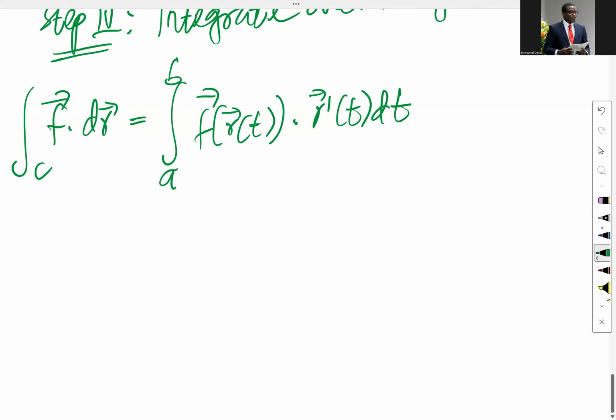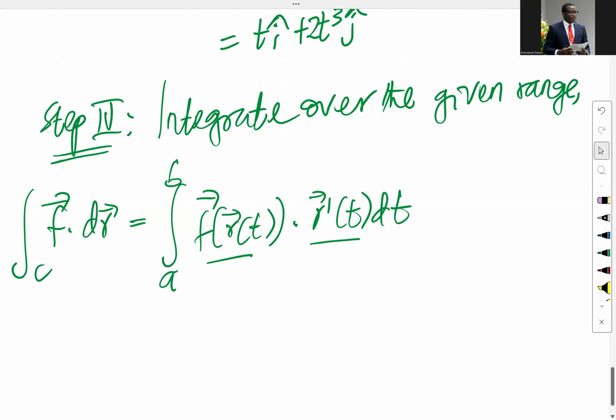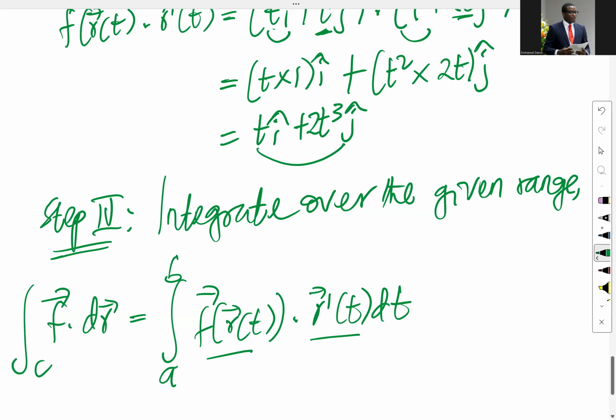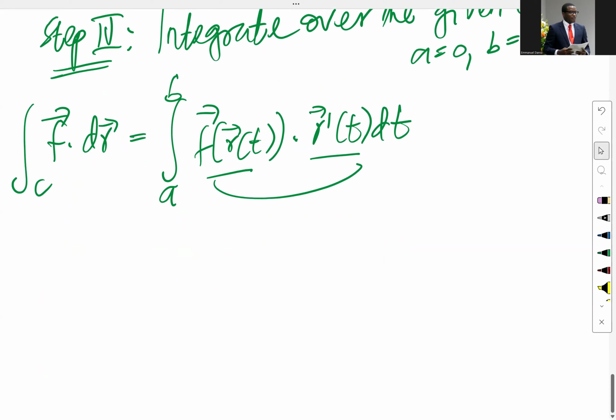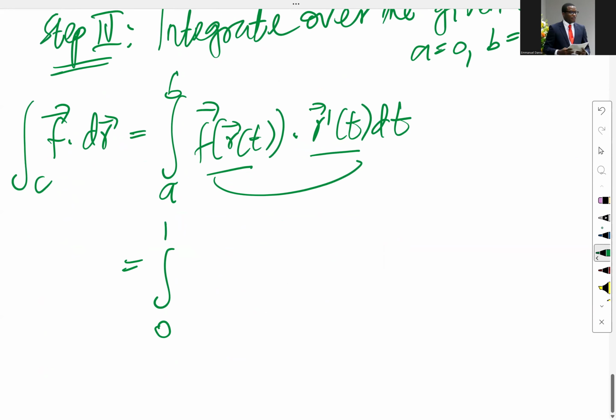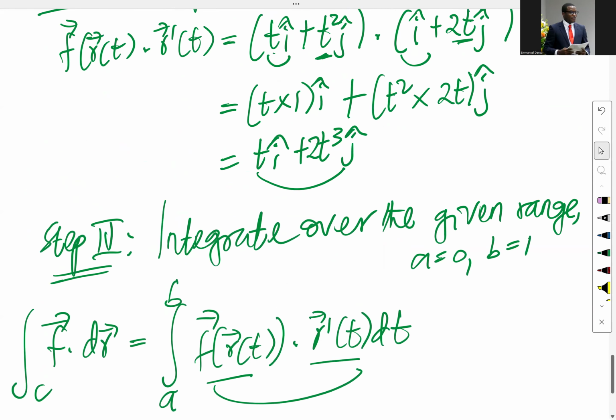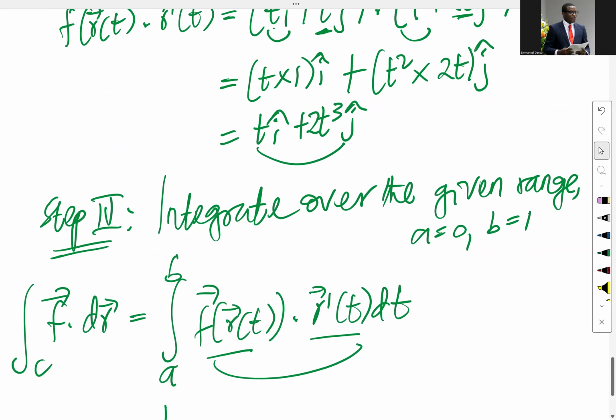In fact, we have done the dot product. So the whole of this is the whole of this, and then we know our a is equal to 0, our b is equal to 1. That's talking about the time, so that's time ranging from 0 to 1. So this is simply equal to the integral from 0 to 1 of that, ti plus 2t cubed.